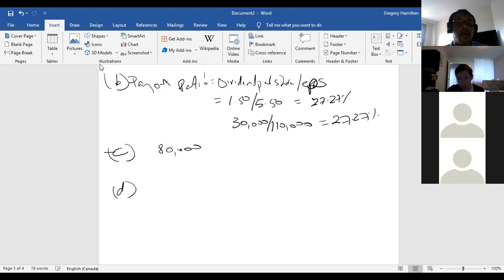And then D is asking for the price earnings ratio. The price earnings ratio tells you how much of a multiple of your earnings per share is actually your price. So the price earnings ratio is equal to the price of the stock divided by the earnings per share.